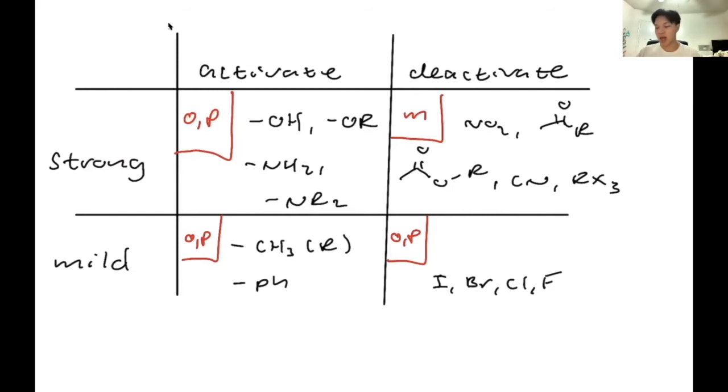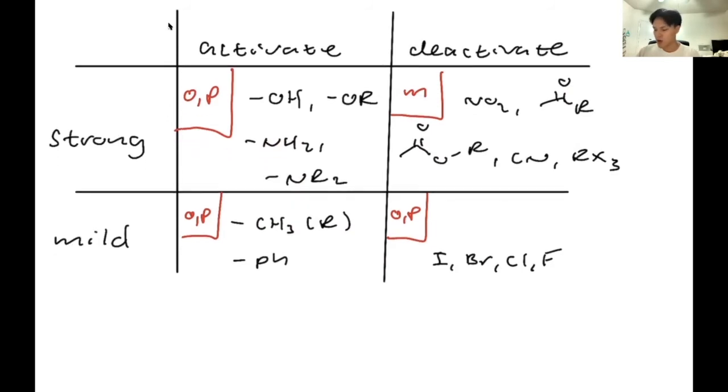Whereas if you had a benzene ring with, let's say, this ketone, it's going to deactivate it, making it less nucleophilic, and it's going to direct it to the meta position, so the second carbon away. And you see, it's really easy to remember: there's only one type of group that makes it meta directing, whereas all the other groups are ortho and para directing because of the stability of the tertiary carbocation.